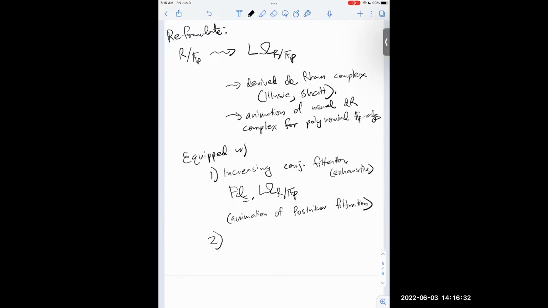And then there's the Hodge filtration. This is a descending filtration, LΩ of R over F_p, Fil greater than or equal to star, and this is the animation of the naive filtration, or Hodge filtration, for polynomial rings; you left Kan extend, or animate, it.